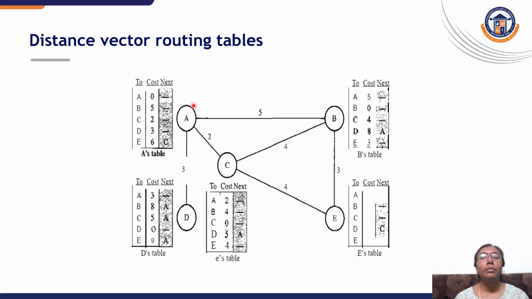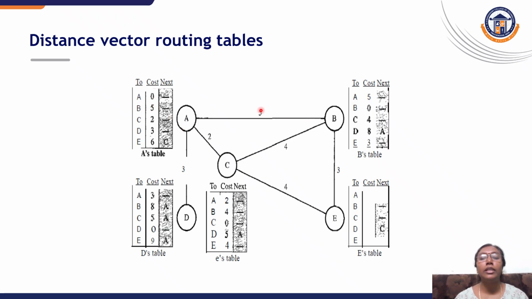This is the distance vector routing table, the final table for a network having 5 nodes A, B, C, D and E. Each routing table contains 3 pieces of information, including the cost or distance to each node. A to A is 0.